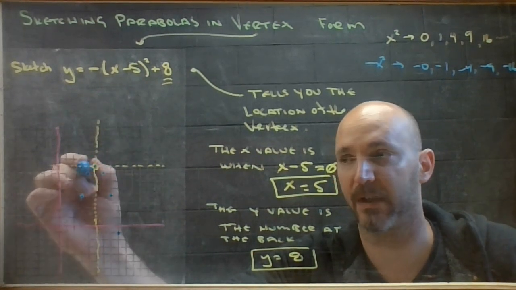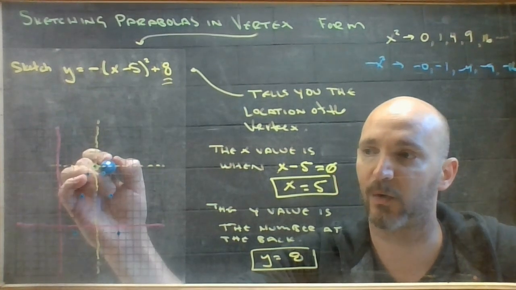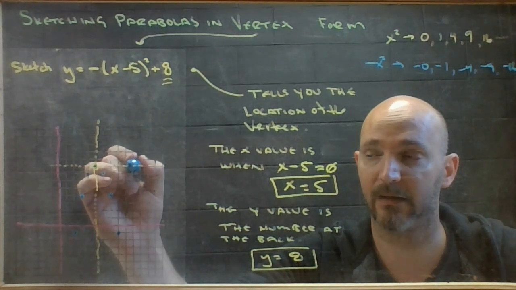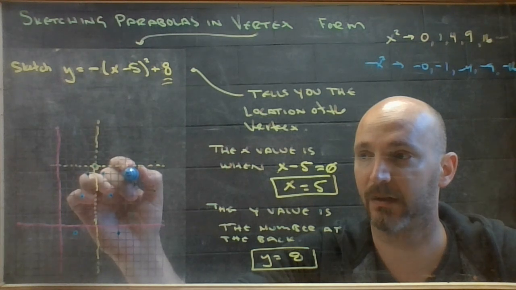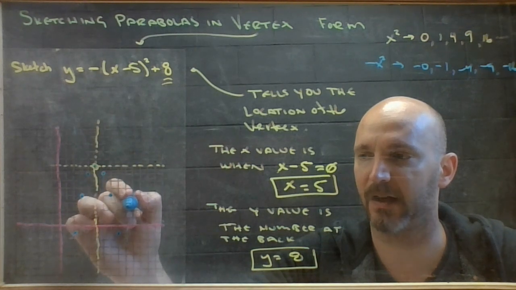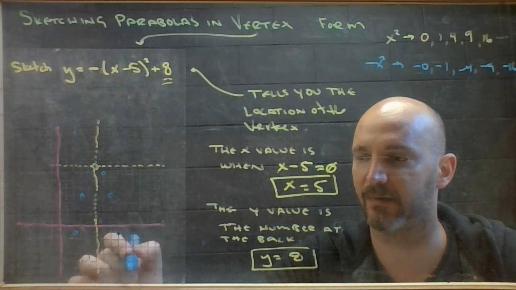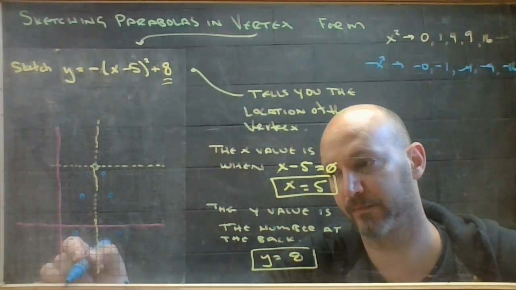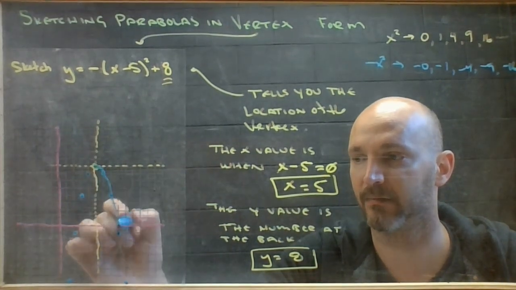Same if you go 3 to the left. 4 to the right, 1, 2, 3, 4. 4 times 4 is 16, and I'm dropping because of the negative. So I drop 16. And then the same on the other side. And I end up with this lovely parabolic shape.